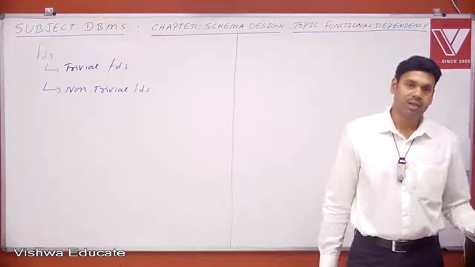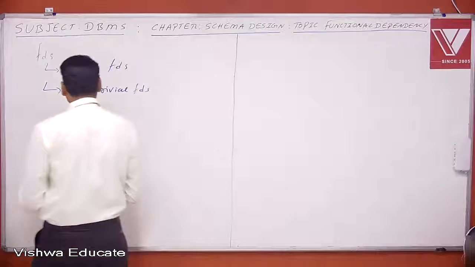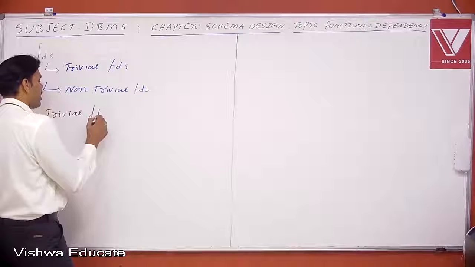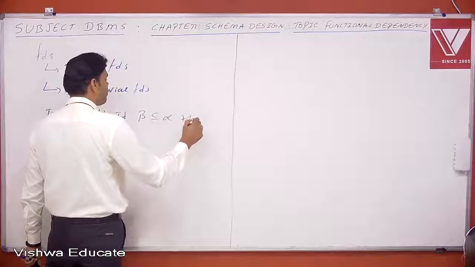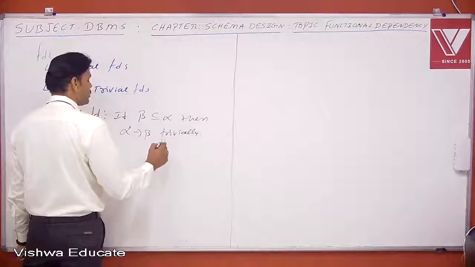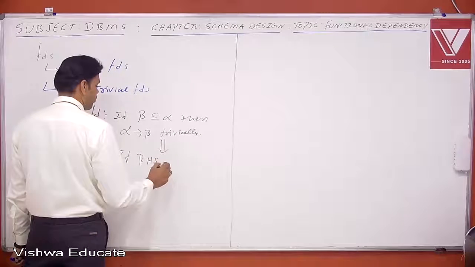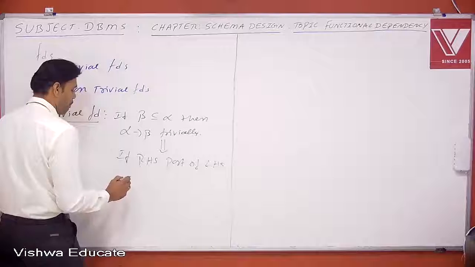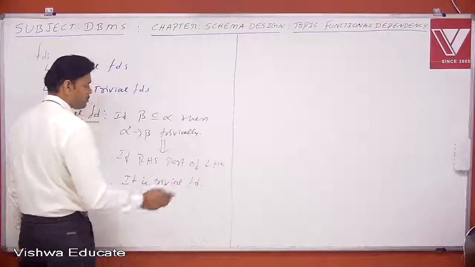A trivial FD is nothing but if RHS is a part of LHS. So if beta is a subset or equal to alpha, then alpha gives beta trivially. That is the shortcut I told you: if RHS is part of LHS, then it is a trivial FD.